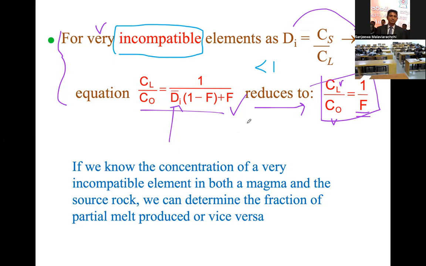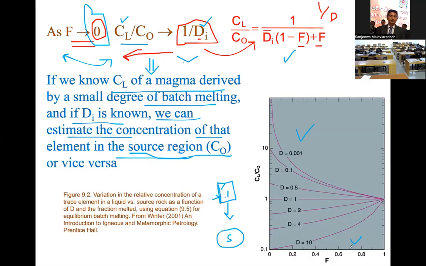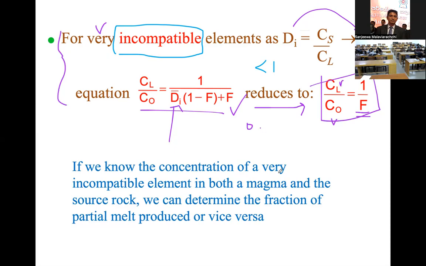So if you have a fraction of melting F of 0.1, then you can directly take the proportion of these two concentrations as the reciprocal of that value.